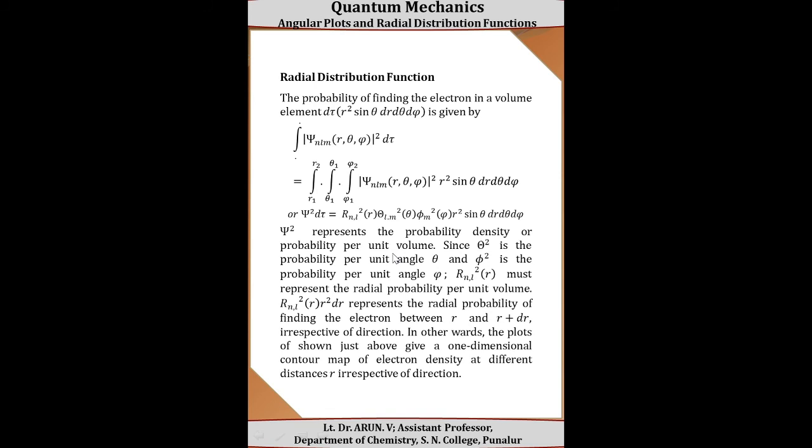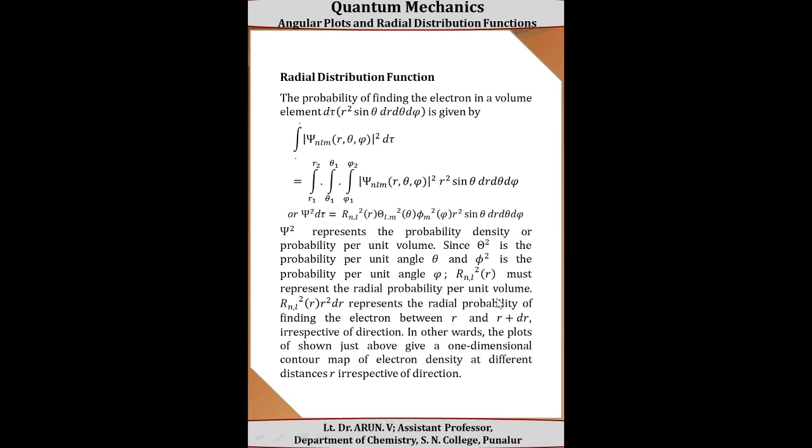We know that if r ranges from r1 to r2, theta from theta 1 to theta 2, phi from phi 1 to phi 2, then we can write the integral of r1 to r2, theta 1 to theta 2, phi 1 to phi 2, psi n l m (r, theta, phi) square r square sin theta dr d theta d phi, and this psi square represents the probability density or probability per unit volume.